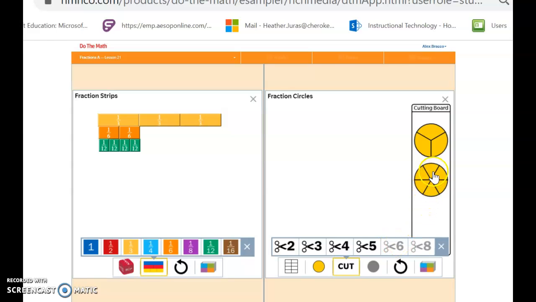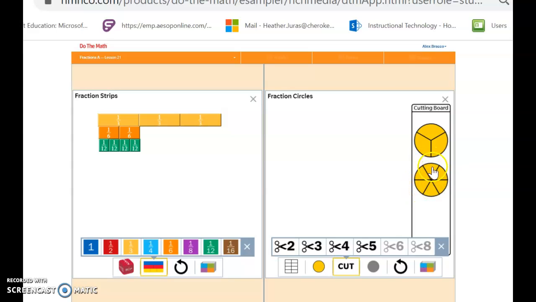So there you have it. There's the thirds and there's the 1/6. Each piece represents 1, the top number, and then the bottom number, which is the denominator, represents how many pieces are total within that circle or that strip, okay?